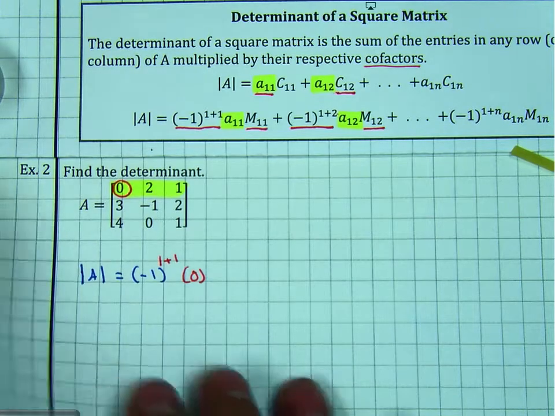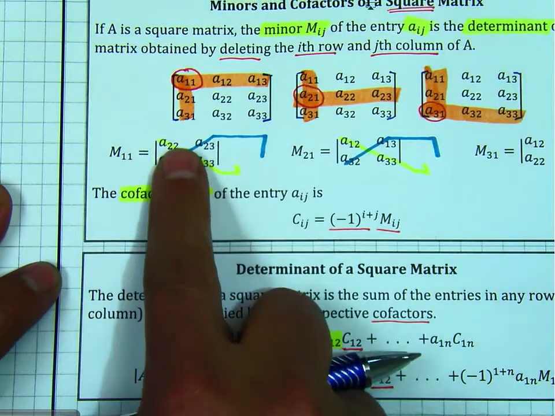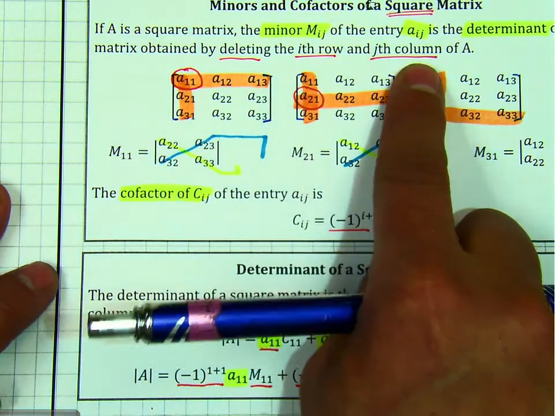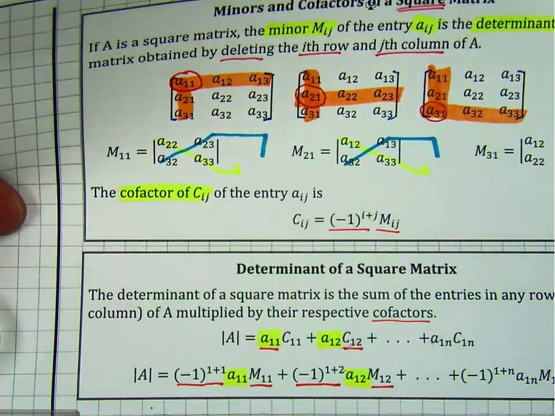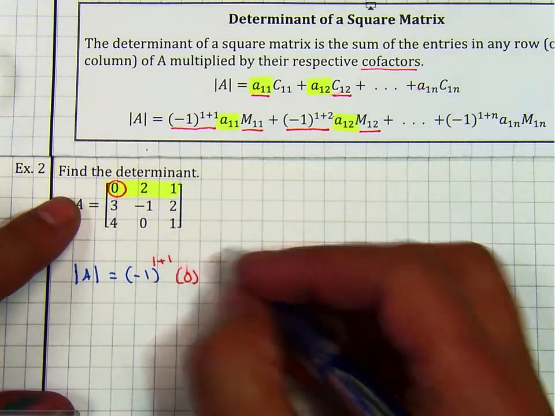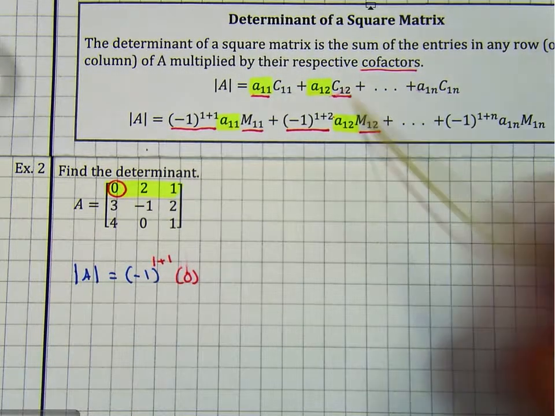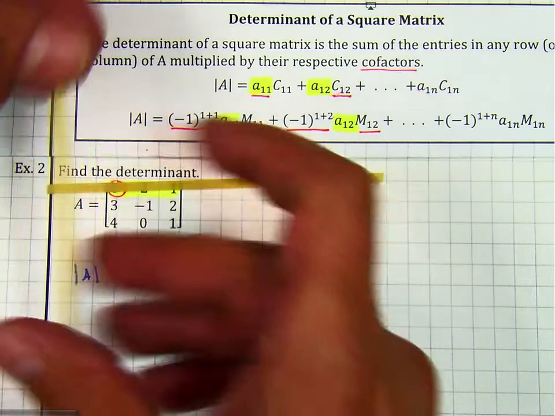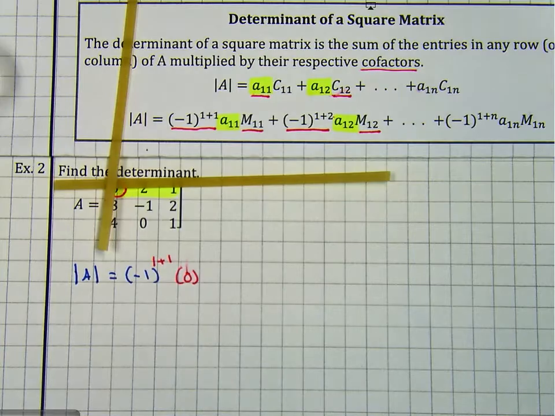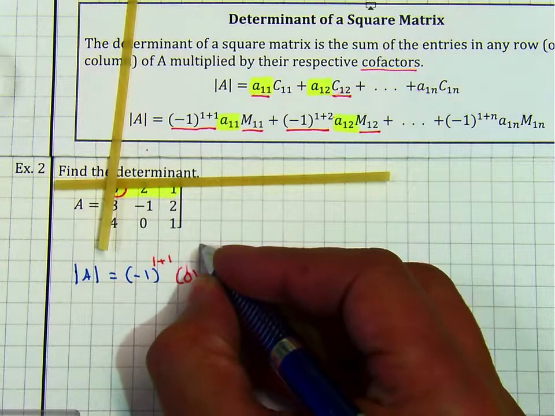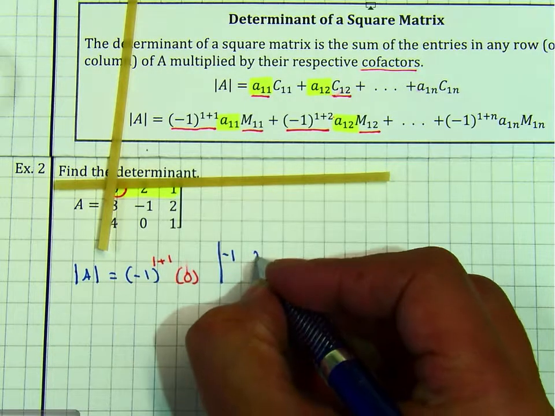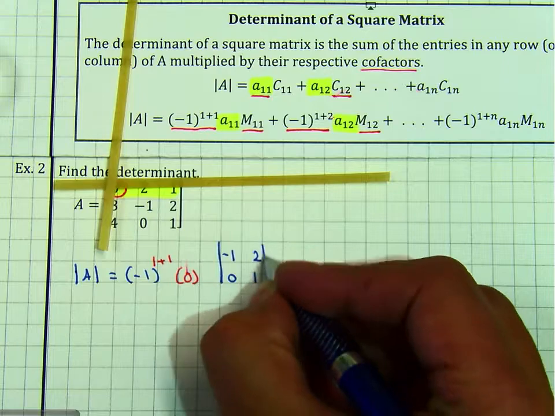Now we can find the minor just like we did here, where we're deleting the row and the column. So if I need to find the minor of A11, I am going to delete the first row and the first column. So the numbers I end up with are going to be a matrix. It's going to be the determinant. I'll place my bar. It'll be -1, 2, 0, 1.